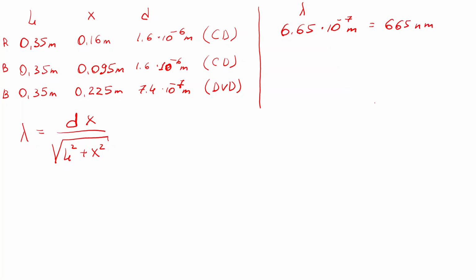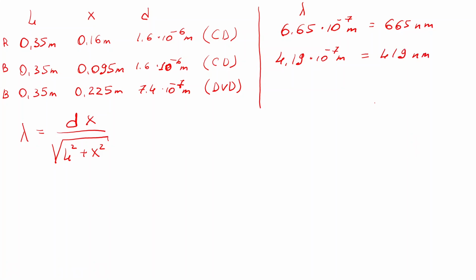Then for the blue laser, the wavelength determined with the CD diffraction grating will be 4.19 × 10 to the minus 7 meter. That is 419 nanometers.